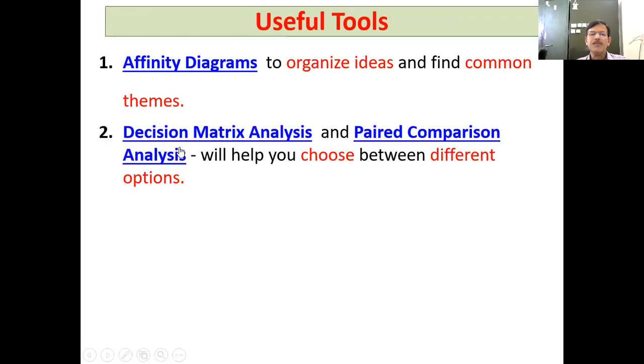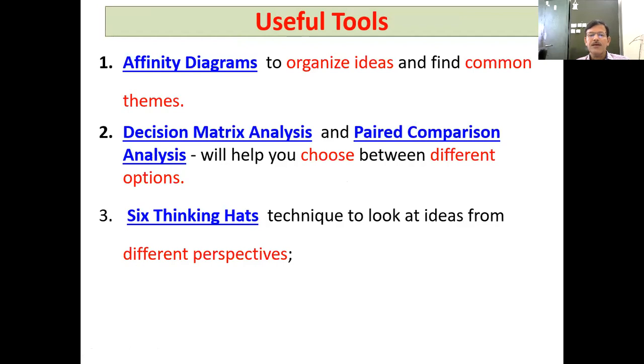Similarly, other tools are decision matrix analysis and paired comparison analysis. These are very important tools which will help you choose between different options. For a problem there are so many options, but if you use the decision matrix and paired comparison, it will help you choose between two options, which one is more feasible.